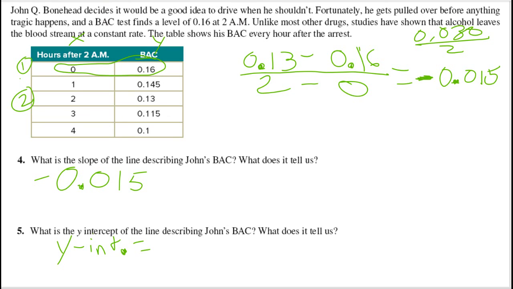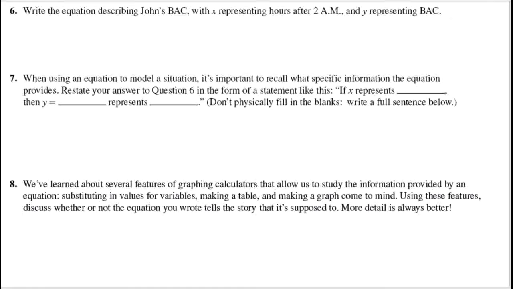The y-intercept equals 0.16. And what does it tell us? It tells us once John was taken into custody, his blood alcohol content was 0.16. And his body started metabolizing it from there. Do question 6. When you have an answer, return to the video.